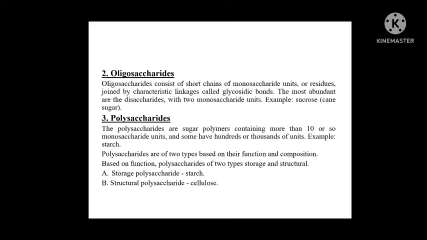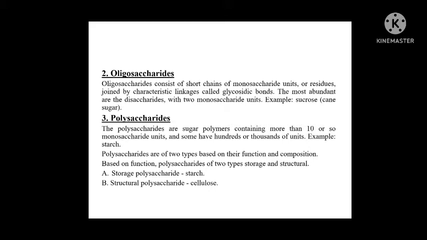Polysaccharides again are of two types based on their function and composition: storage polysaccharides, example starch, and structural polysaccharides, example cellulose. So these are the three classes of carbohydrates: monosaccharides, oligosaccharides and polysaccharides.